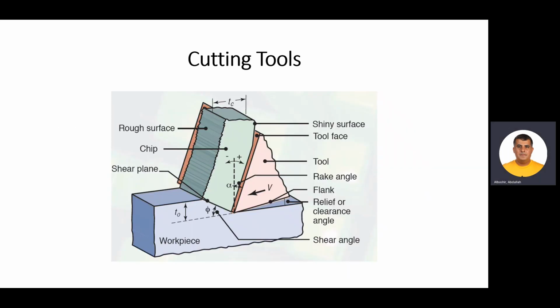Now, here is a picture that shows how the cutting tool makes the cut in the workpiece, either the lathe in turning, or the milling, or the drilling. This picture resembles it all. You can see the tool is working inside the workpiece.